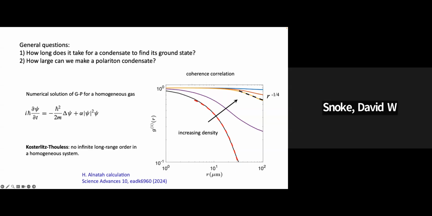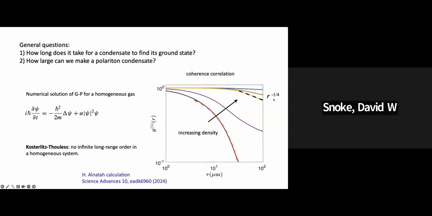Below a certain density, you have exponential decay of the correlation function, so really no long-range order. At high density, you see a power law decay, perfectly consistent with the Kosterlitz-Thouless prediction that it decays as r to the negative 1/4.